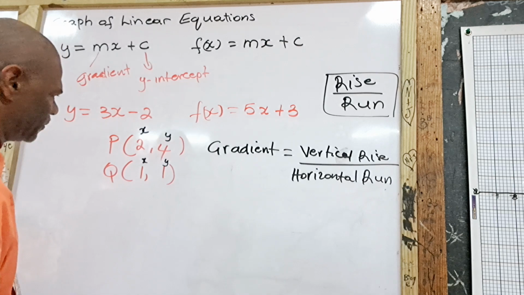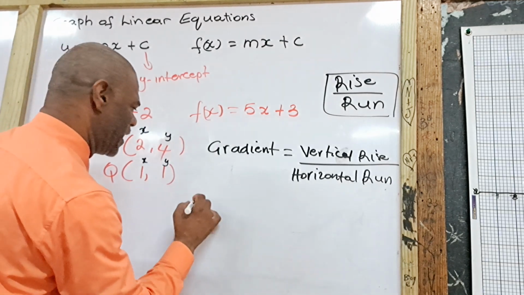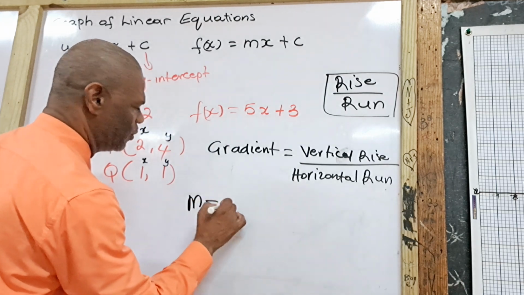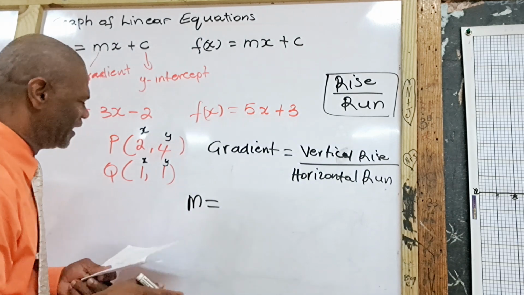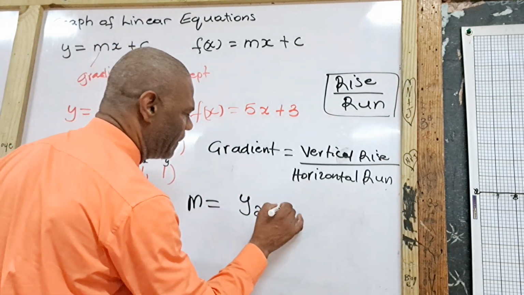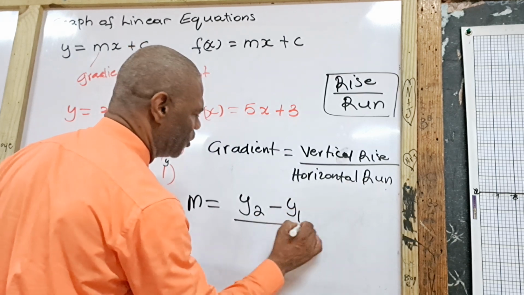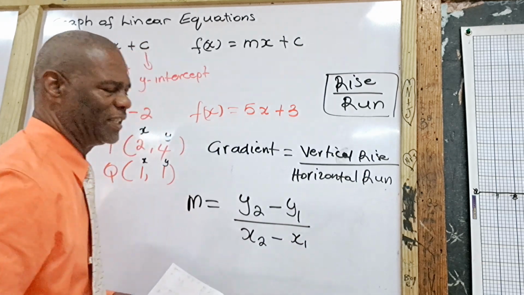Alright? So let's do that. So we can write now M for gradient. We use the letter M to represent the gradient or the slope of the line. Right, so M is equal to y2 minus y1 over x2 minus x1. Right?